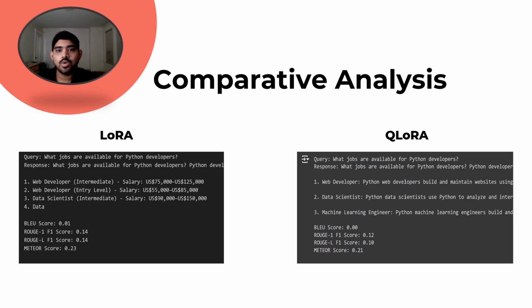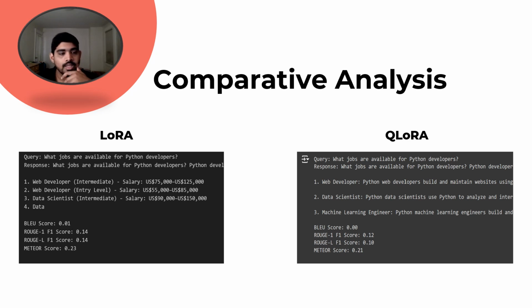Okay, so now let's do a comparative analysis between LoRA and QLoRA fine-tuning techniques. What we have done here is that we have provided a query, which is what jobs are available for Python developers. LoRA and QLoRA provide a response, and if you pay attention to LoRA's response, you can see that LoRA gives the specific salary, whereas QLoRA gives a detailed description of the job.